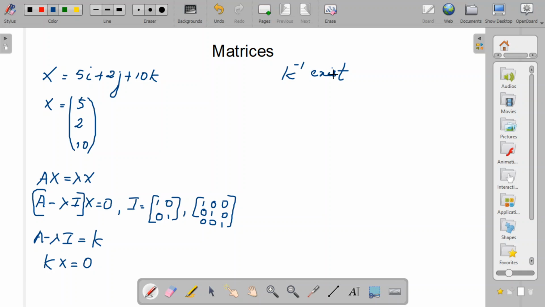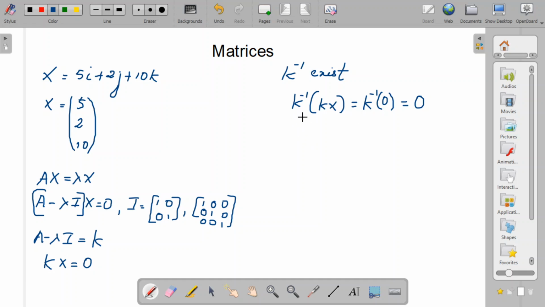If K inverse exists, I can multiply with K inverse on both sides of this equation. So I can write it as K inverse, Kx is equal to K inverse of the null matrix, and that is again 0.